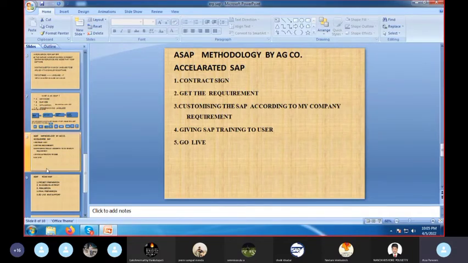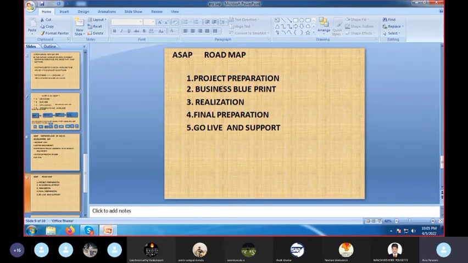The as-is information will be supplied to us by the client's managers. Based on the as-is information, we will prepare the to-be information. All documentation work will be done here in the blueprint: whatever is required, how migration will take place, what things are required. First we do the paperwork, the documentation, here.